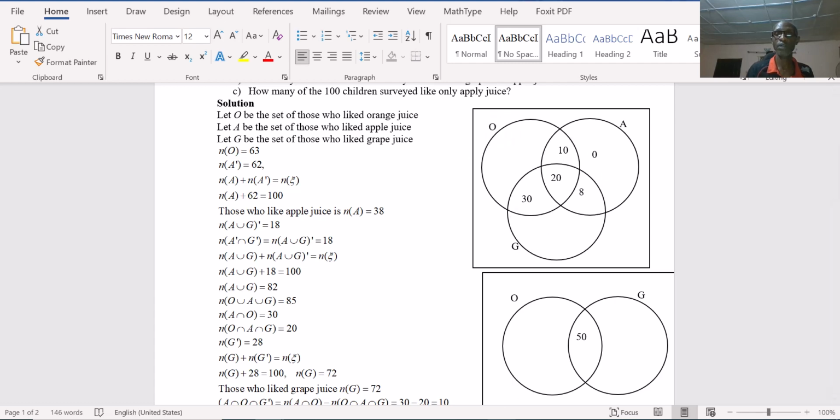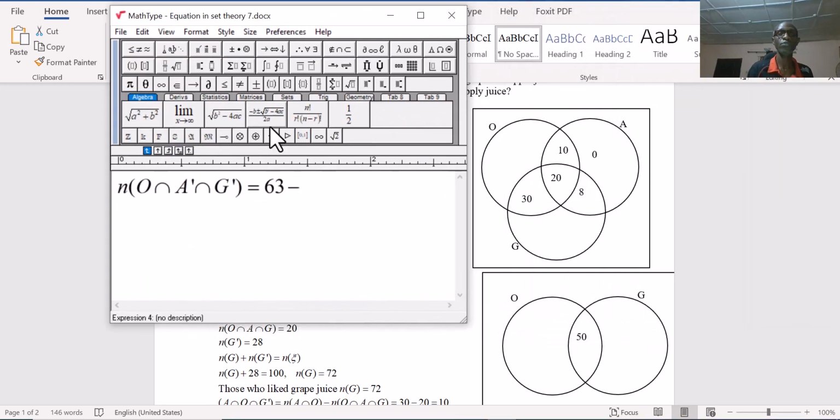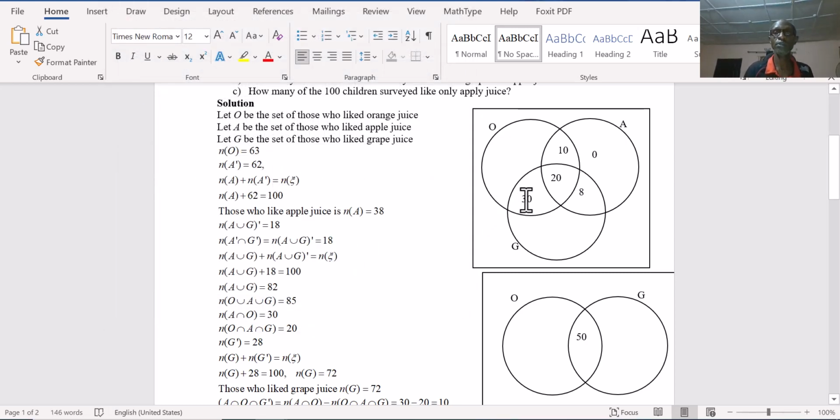So we have to subtract all the other ones from it. So that's 10 plus 20 plus 30. So that's 60. So that place is 3. So I can put 3 here.